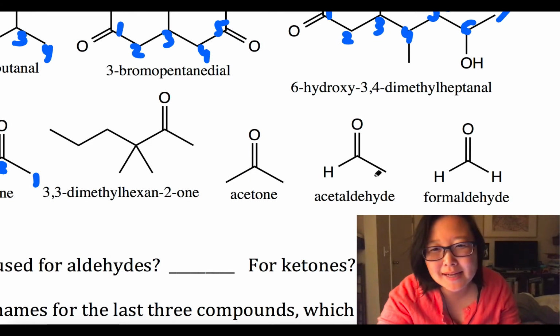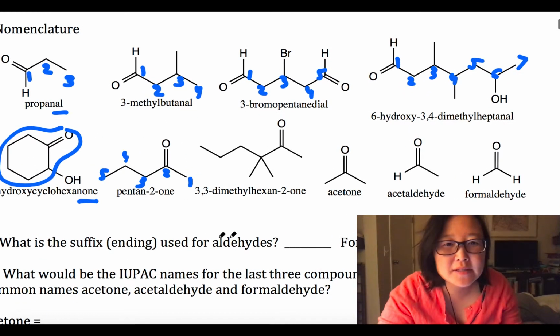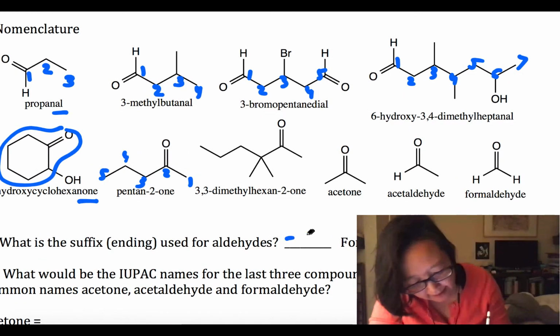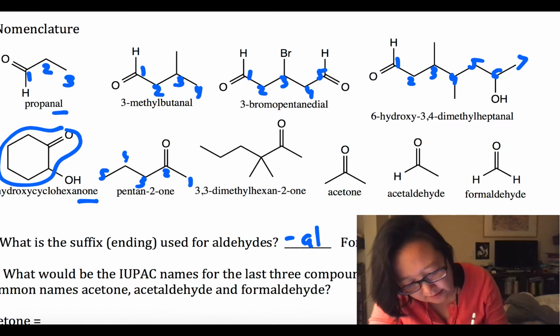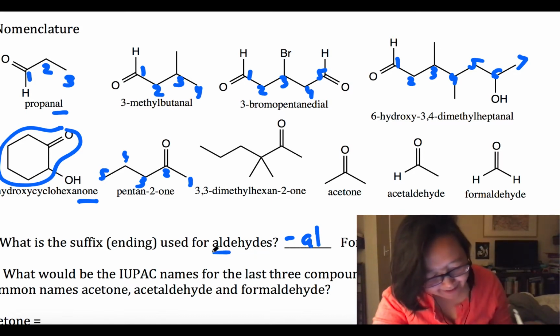Acetaldehyde, because this is an acetyl group, is a CH3 carbonyl group. So acetaldehyde. Then the 1-carbon group is called formaldehyde, which you've probably heard of before. So the suffix used for aldehydes is AL, and for ketones it's ONE.